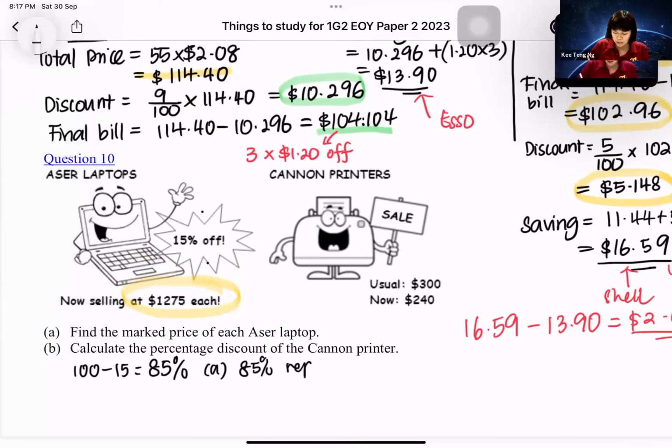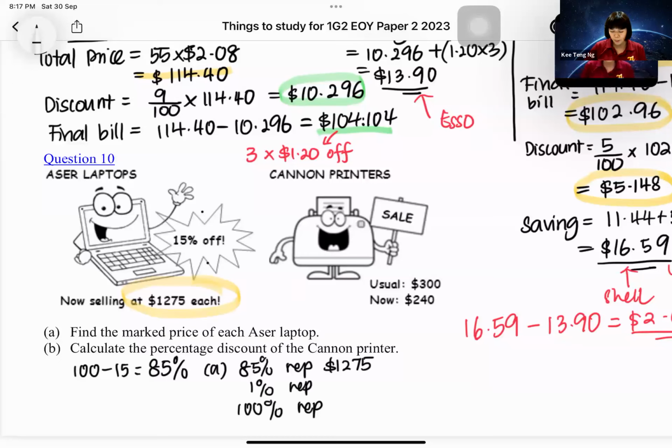85% represents 1,275. Very important. If you use 100%, then the whole thing is wrong, all the marks gone. But if you put 85% represents 1,275, you already get 1 mark. Then you can count your 1% is how much, then you find your 100% is how much.